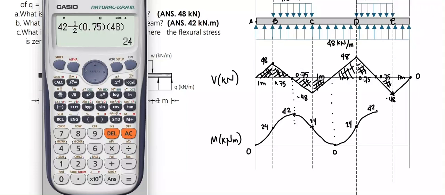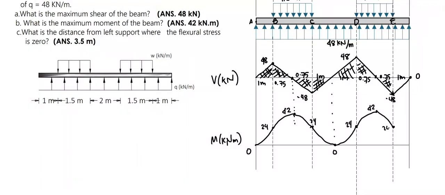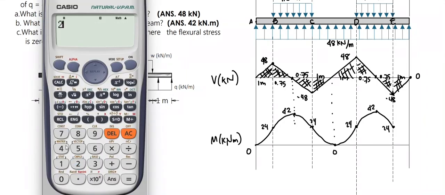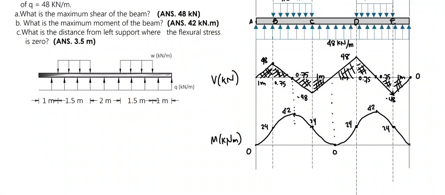It decreases back to 24. And again, we have an area of negative shear, so this decreases back by 1/2 times base times height, equal to 0. And we have our moment diagram for the beam.